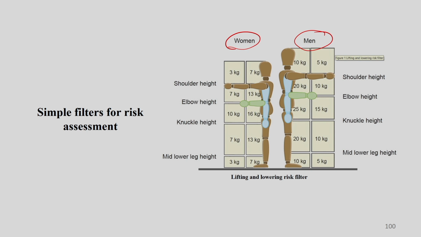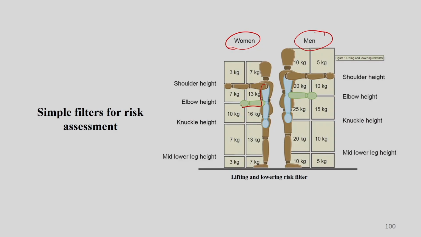If the person's upper arm is aligned with the body and the lower arm is horizontal, in this position the amount of weight is comparatively more than if you are holding it in this position, right?